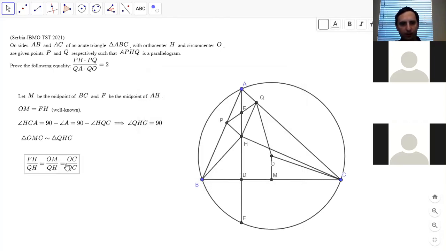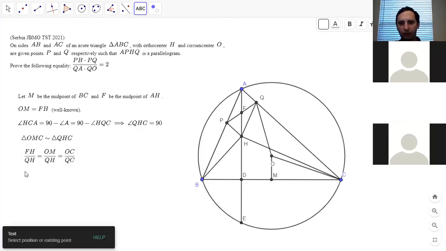And then we also have angle FQH is equal to angle, or I'm sorry, angle FHQ is OCQ because, so I'm just going to write it out quickly.